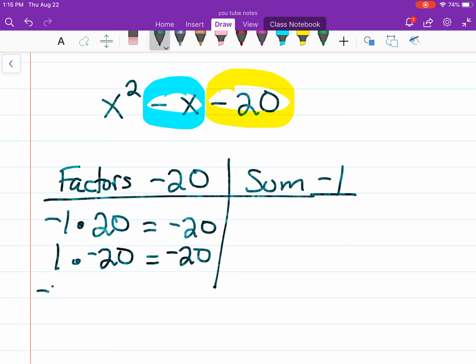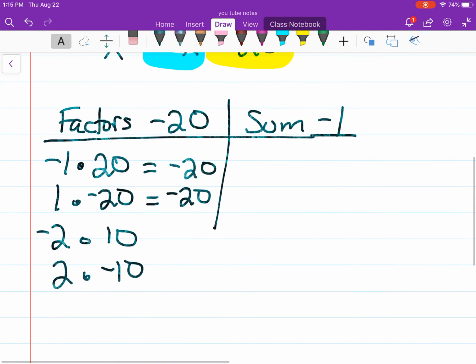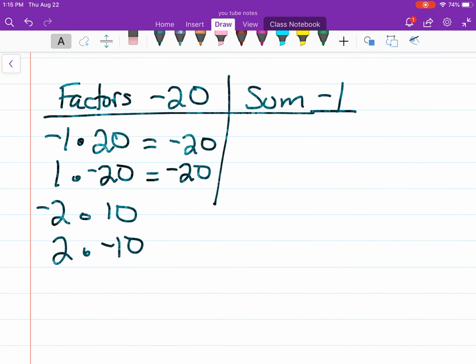I will also do 2 and 10, 2 and negative 10, because the only way that I can multiply two numbers together and end up with a negative number is if one is negative and one is positive. But having that one negative, one positive will actually affect the sum over here.